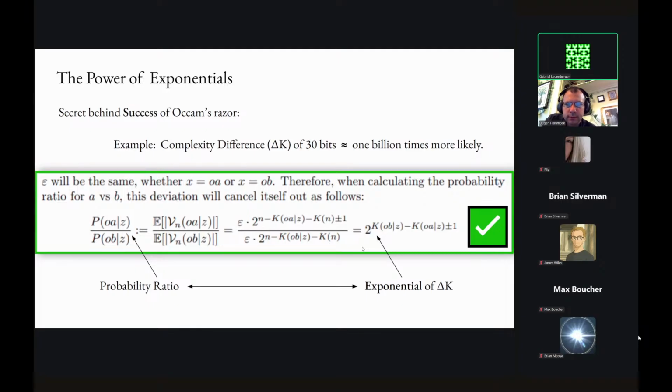It immediately shifts the probability ratio very much to one side, so you can immediately discard the more complex model. And that's what proves Occam's razor. That's also what makes it highly effective: you immediately get orders of magnitude from relatively small differences in model complexity. So that's the secret behind it.